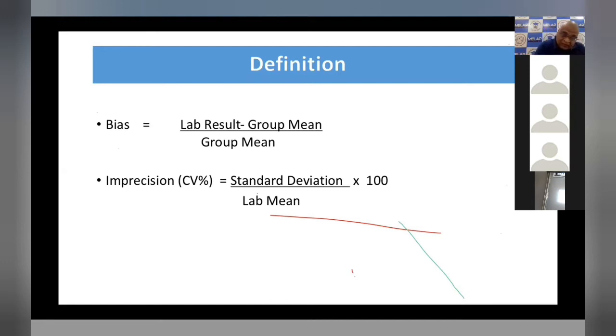Now we can calculate this bias percentage. Bias means how much variation is there from the target value in your result. And imprecision means when you are running a sample daily or maybe more than one time daily over a period of time, how much variation you are observing. Both are important. So now, what is the utility of this?